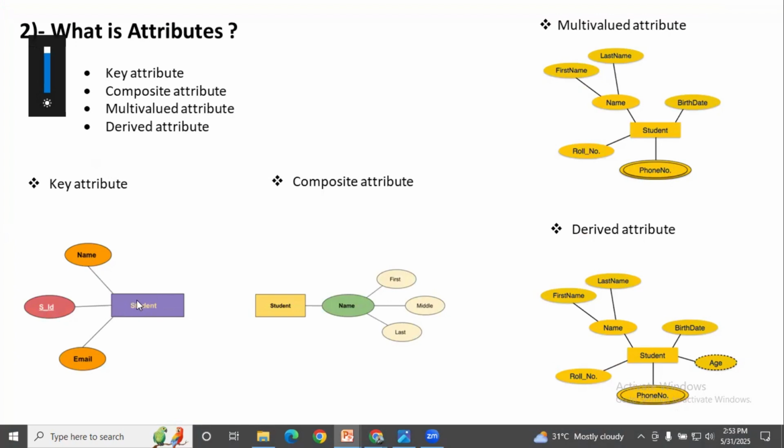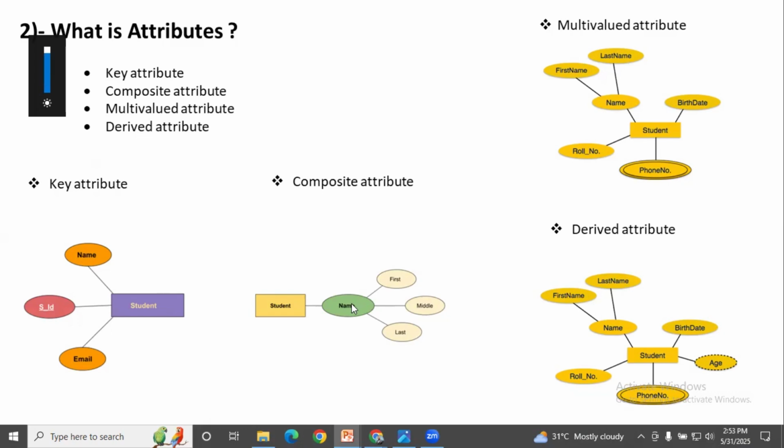We have mentioned the entity and we can assign what attributes are included for the entity. Then when we come to the composite attribute, the entity is represented by attributes and an attribute is divided into some parts.